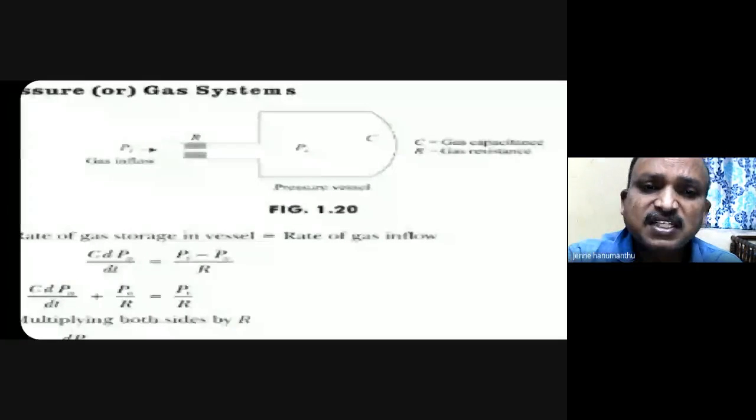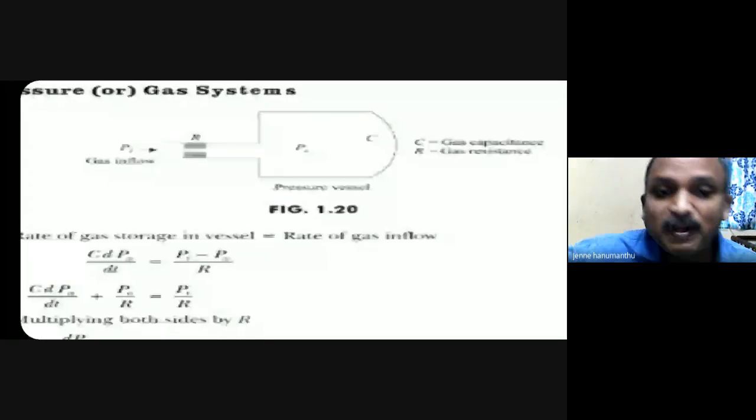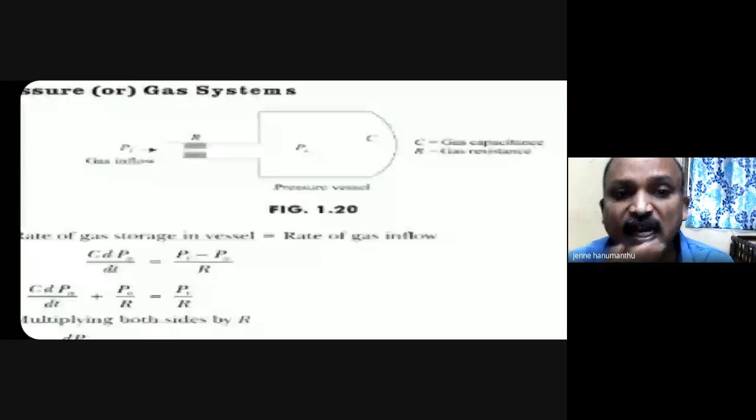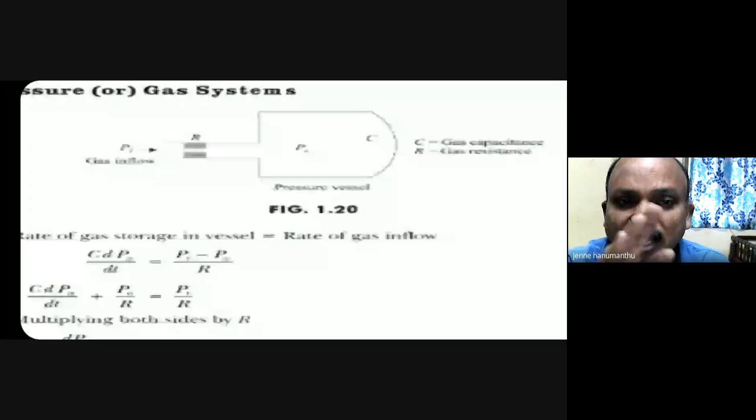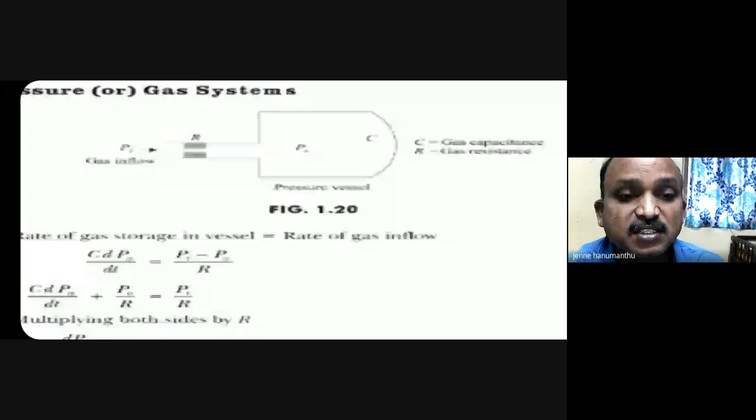In the liquid system and thermal system, there are two openings, but here we don't have a second opening in the gas system. We have one opening because we are provided here a pressure vessel. A pressure vessel is a closed vessel on the second side.